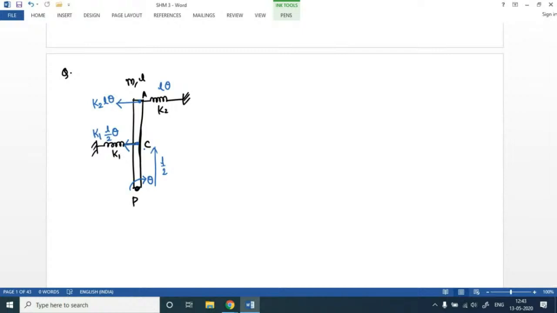So we can write the equation of motion, the equation of torque over here. About point P we are writing I alpha is equal to net torque. I here is nothing but about point P, this is a uniform rod, so its moment of inertia would be ml square by 3, and alpha we can write as d2 theta by dt square.